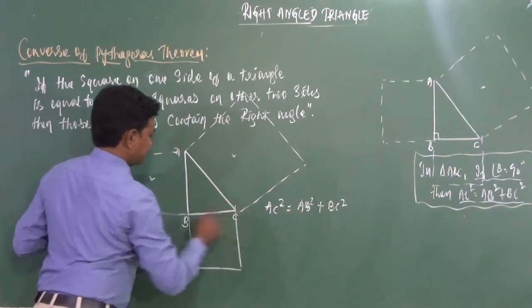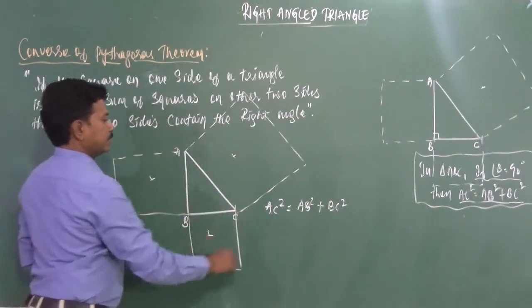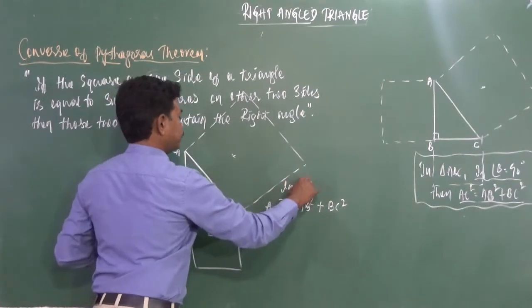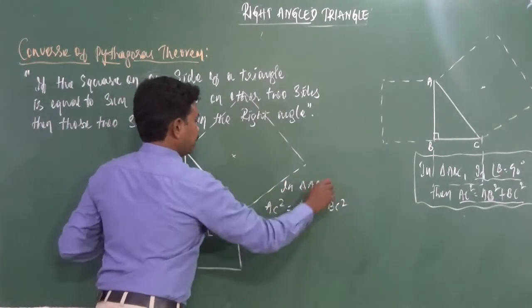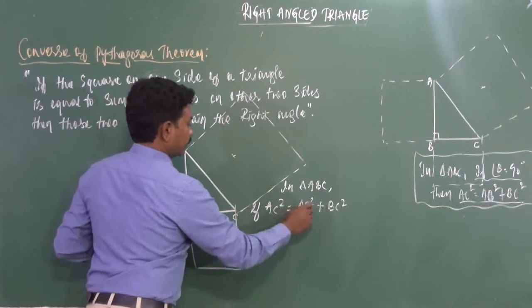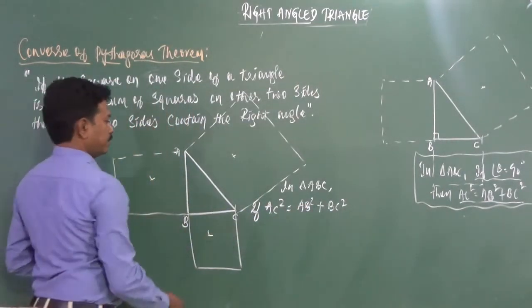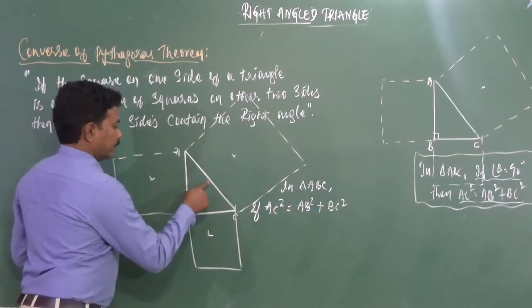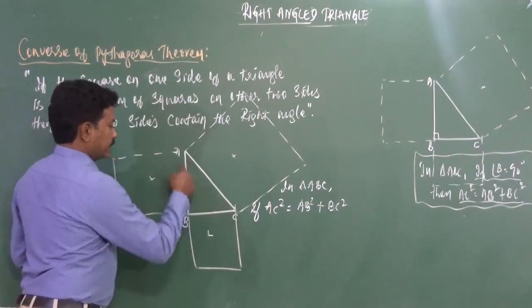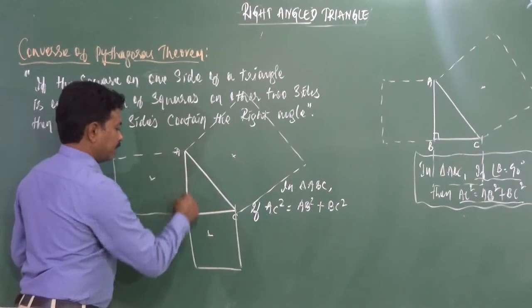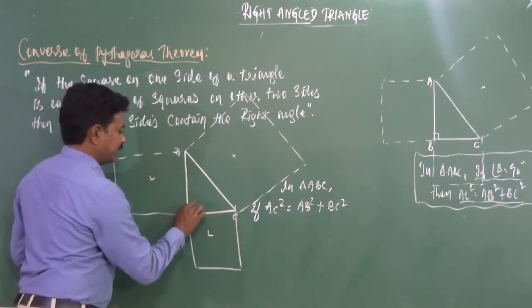This has happened. So in triangle ABC, if AC square is equal to AB square plus BC square, then apart from the longest side of the triangle, the two remaining sides will contain the right angle.